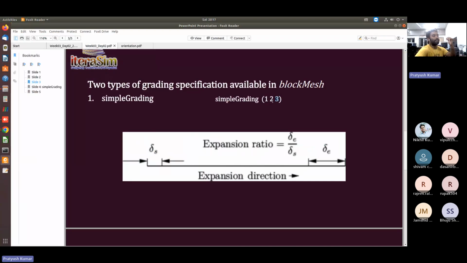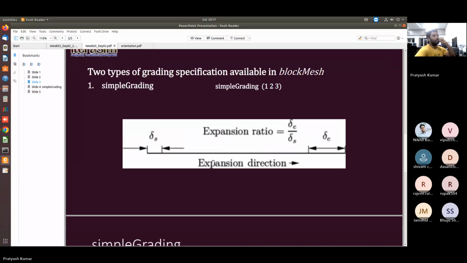But if you want to create a non-uniform mesh, then you have to specify this expansion ratio. What is this formula? The size of the end cell upon the size of the start cell is equal to the expansion ratio.